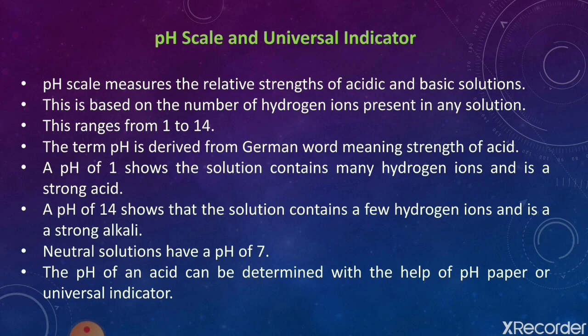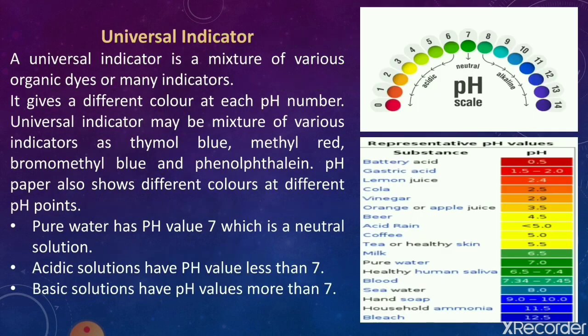Then if the pH scale shows the range of 13 to 14, it means a very small number of hydrogen ions are present in the solution, and in that case the solution will be a strong alkali. So on the pH scale, first of all, see at point 0 it is very red in color.